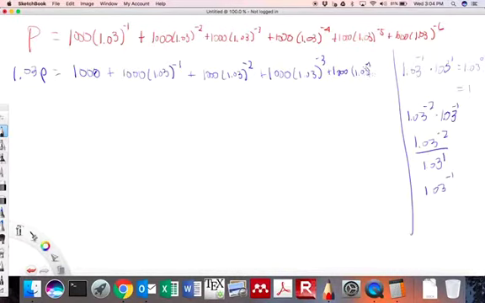And so on, up to 1.03 to the fourth. Oh, 1.03 to the fifth. Sorry, it's kind of smudgy.